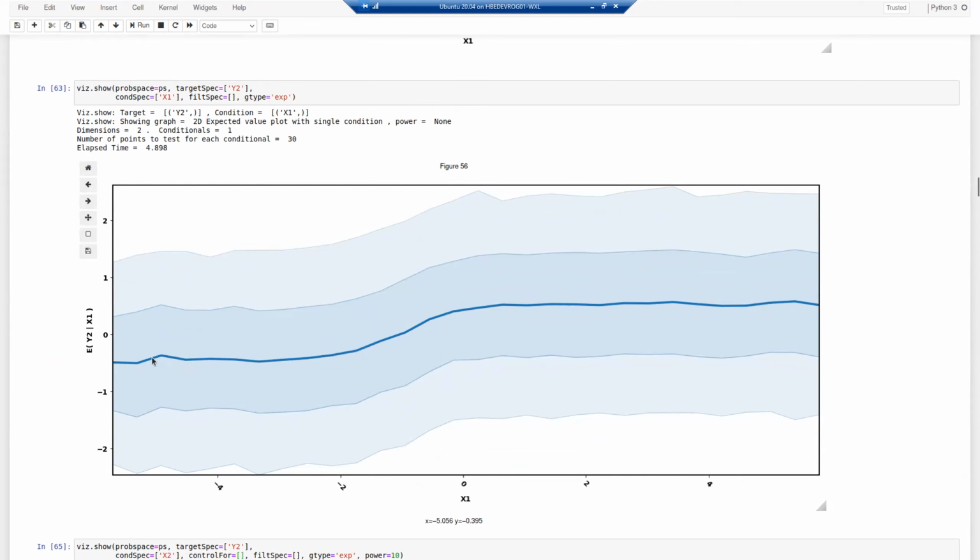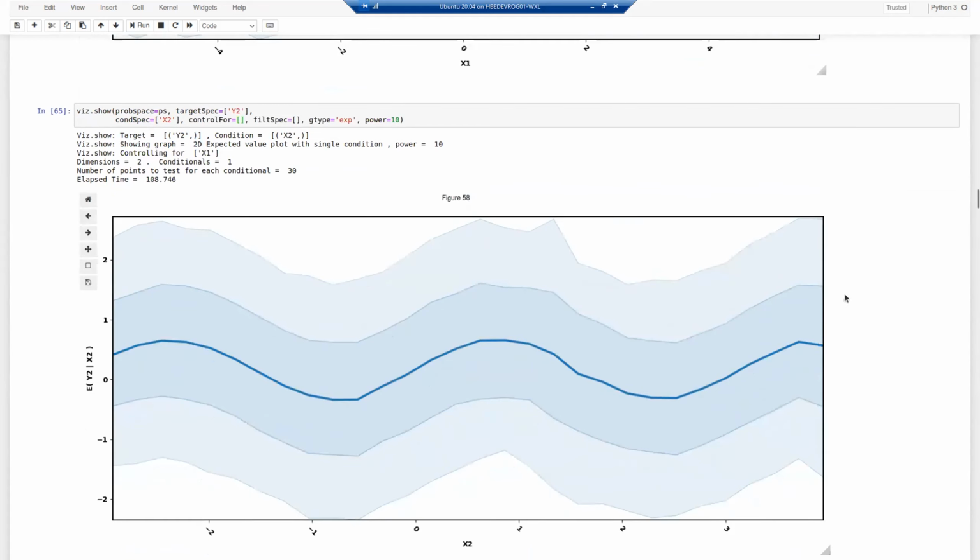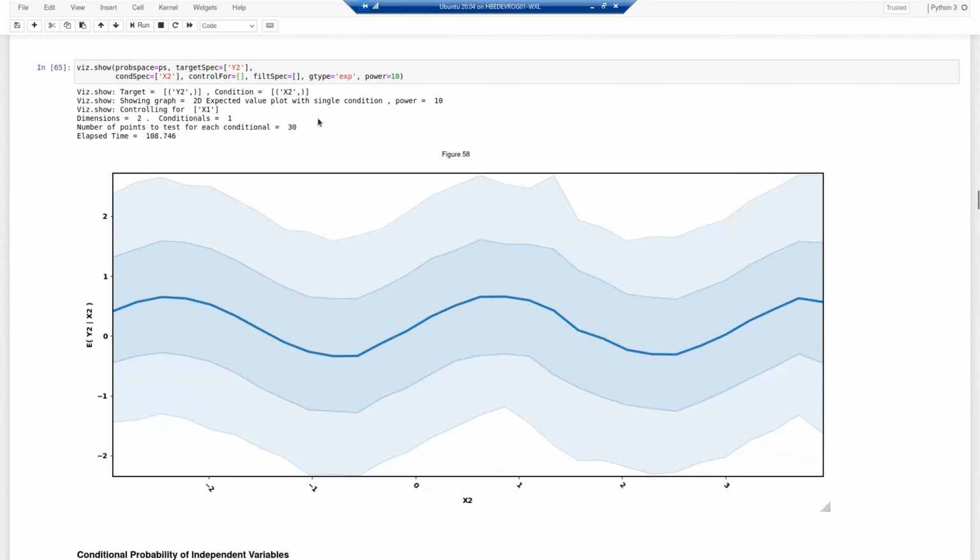But we can still see the shape of the effect of x1, even when there are other variables in there. Similarly, if we look at the same y2, but we condition on x2, now we can see the sine wave, which was the nonlinearity present in x2. And so again, we're exposing the relationship of the source variables to the destination variable.